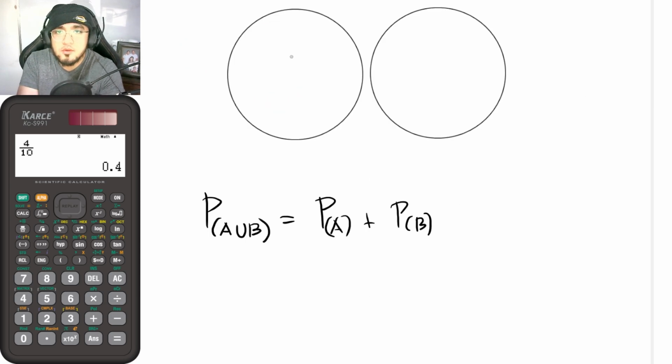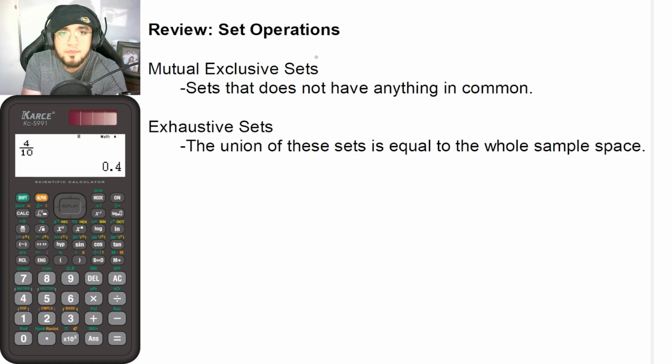Okay, so take note, guys, that these two elements here are mutually exclusive, meaning that they do not have anything in common. Okay, so once again, mutually exclusive sets are sets that do not have anything in common.